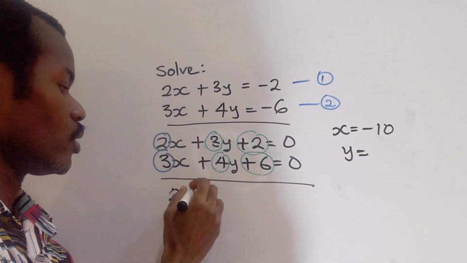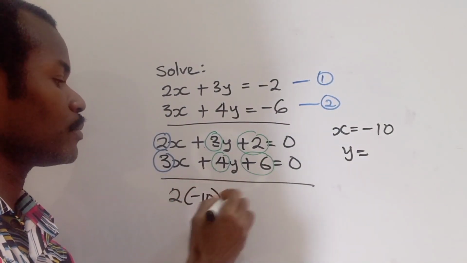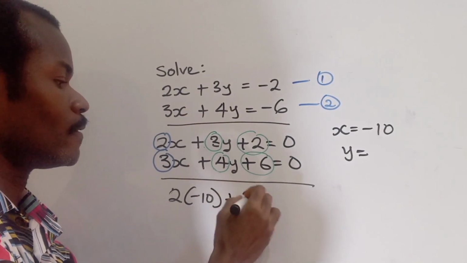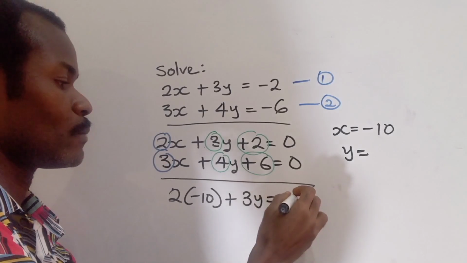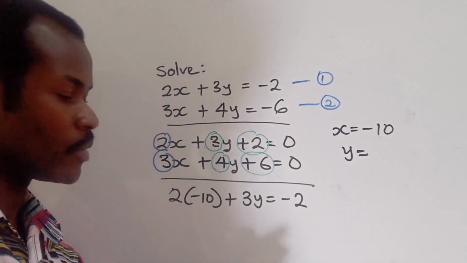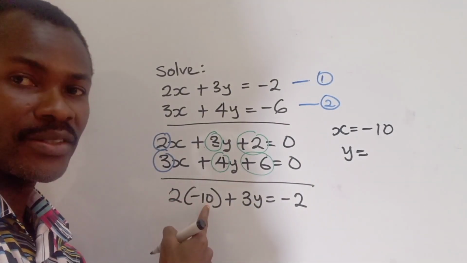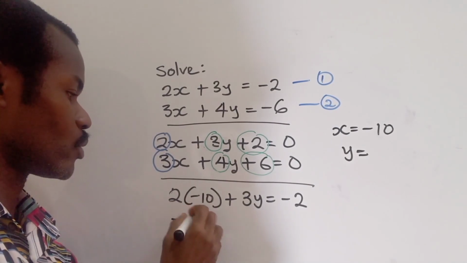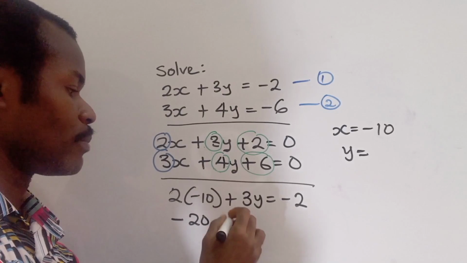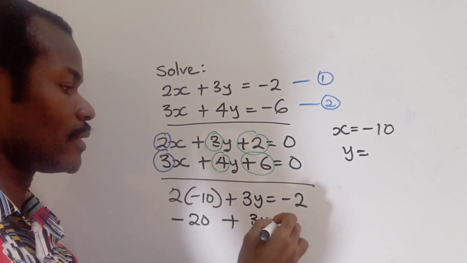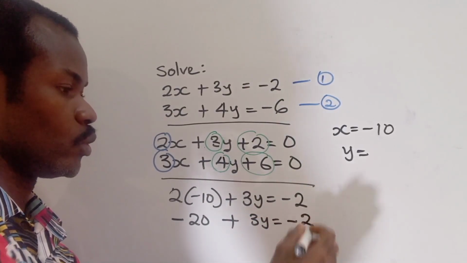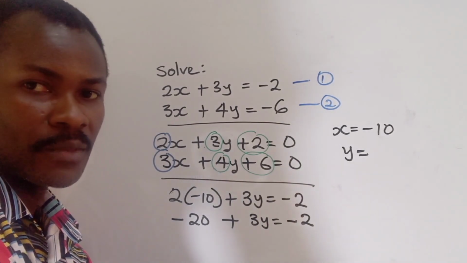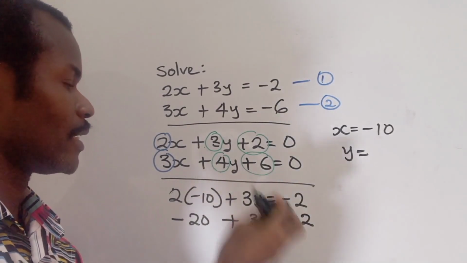So I have 2 multiply minus 10. So plus, we have 3y is equal to minus 2. Now know that 2 times minus 10 is minus 20. So plus, we have 3y is equal to minus 2.